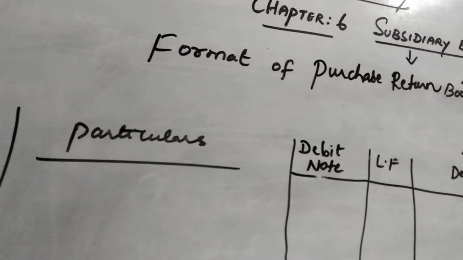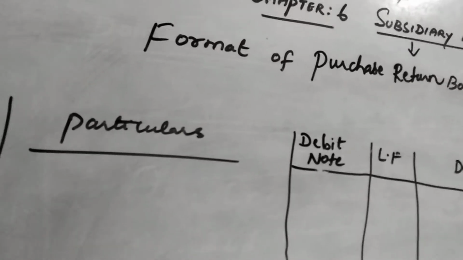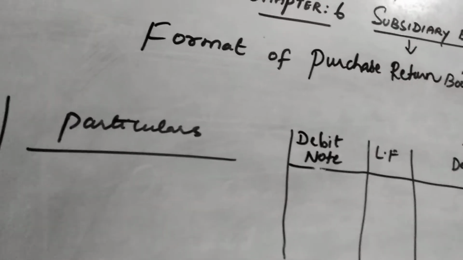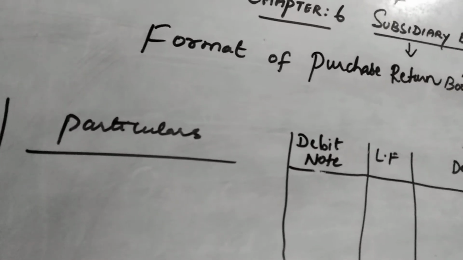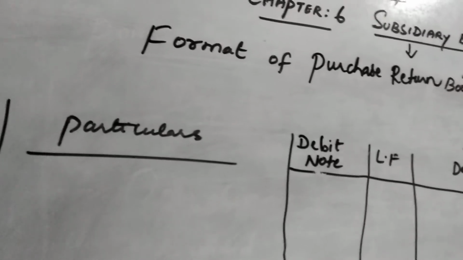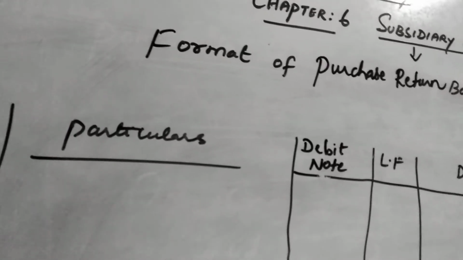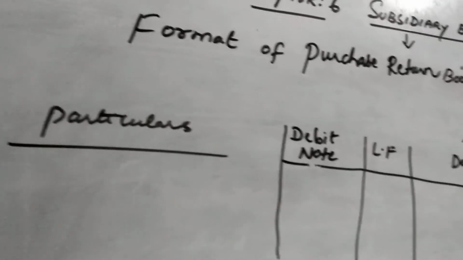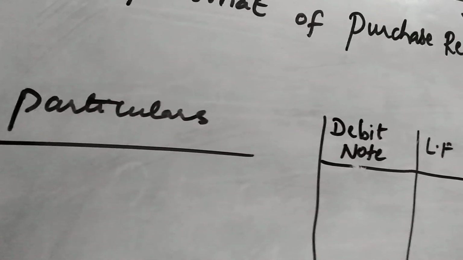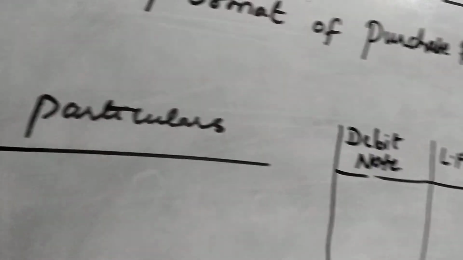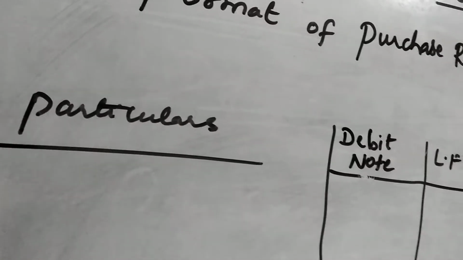You would have ordered 50 units, but only 40 units will be there inside the box. So when you receive, you are receiving only 40 units and 10 is less. So it may not be the same as the units specified in the invoice.